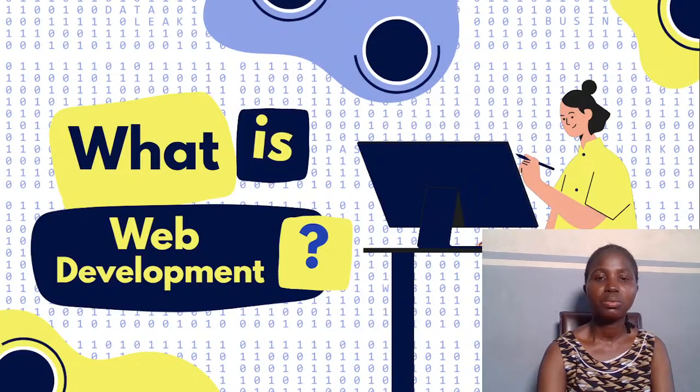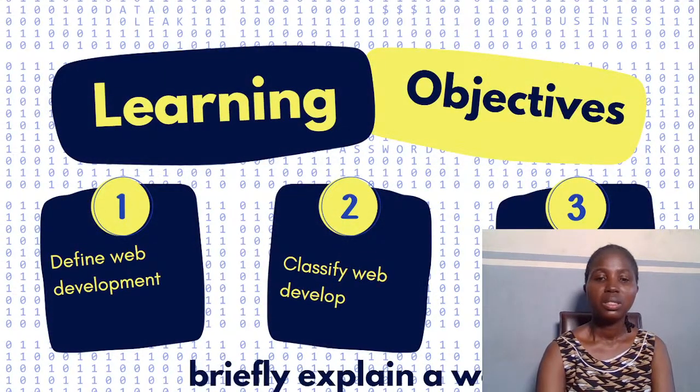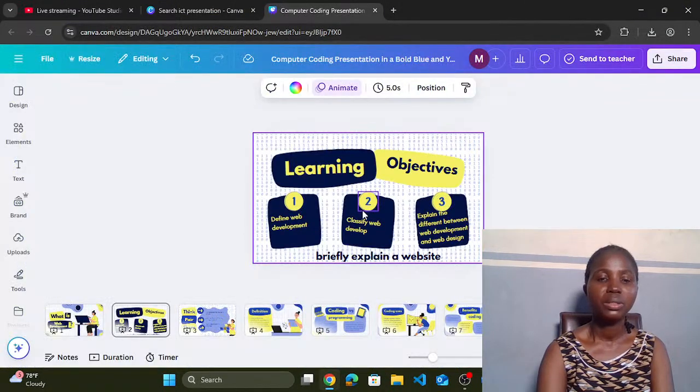You can see this is the first one here. You can change this picture to your own picture. Then the learning objectives, you can see. So these are the 2 we have worked on. So I'm going to just close it here and go back to normal. So we are going to the third one.